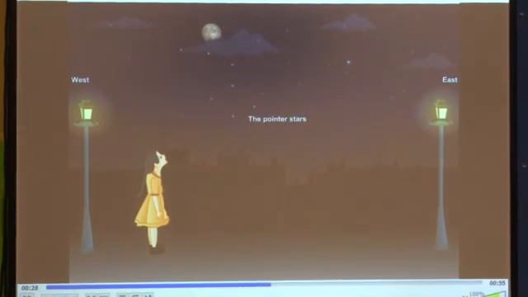Imagine a line connecting the two pointer star at the front of the Little Dipper. Continue it on the side where the dipper is open to a distance 5 times of that between the two stars, and you will arrive at the pole star. Pole star always indicates the north direction and remains in the same position in the sky.